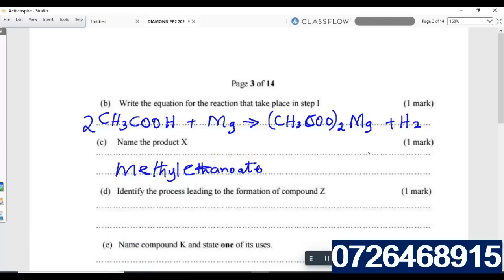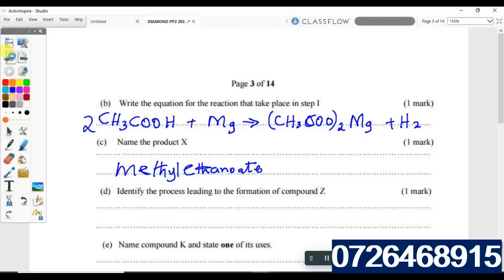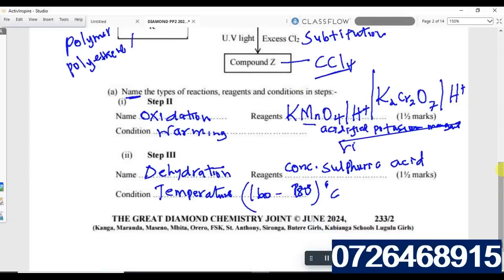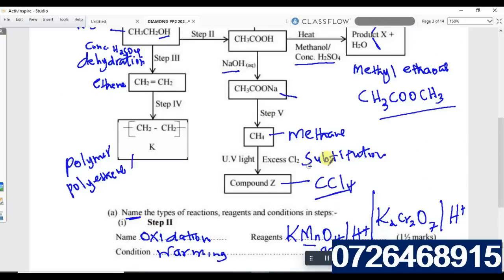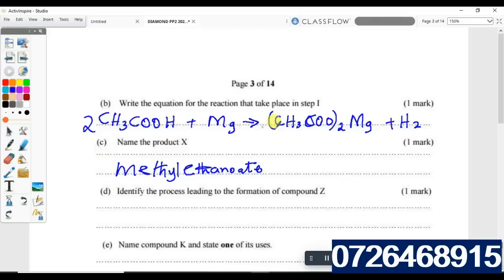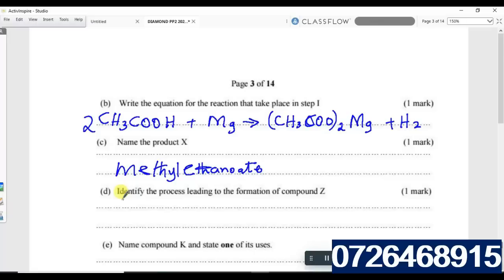Identify the process leading to the formation of compound Z. That was substitution, and that is the process of forming compound Z. Because they are using excess chlorine, it is going to form tetrachloromethane. The process is substitution.